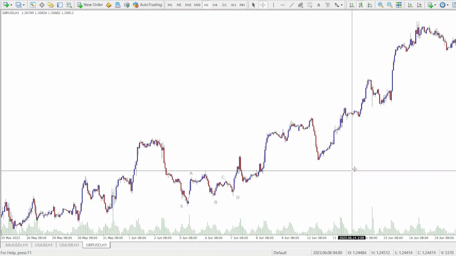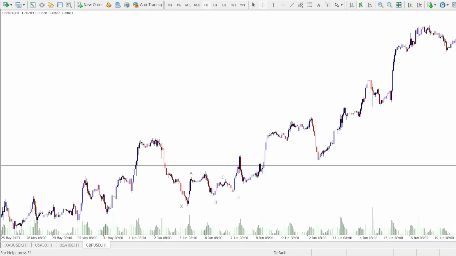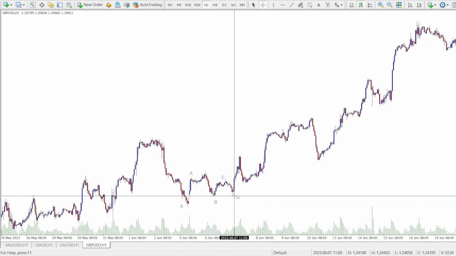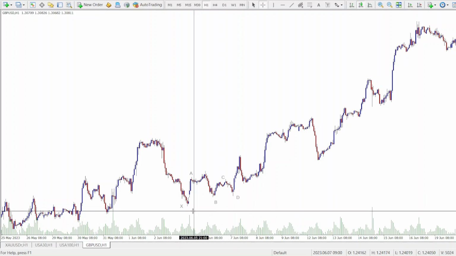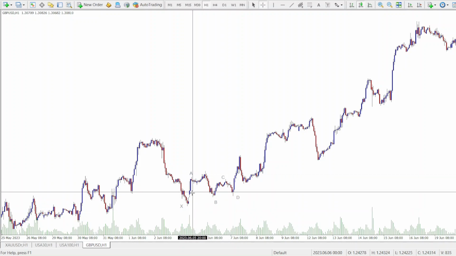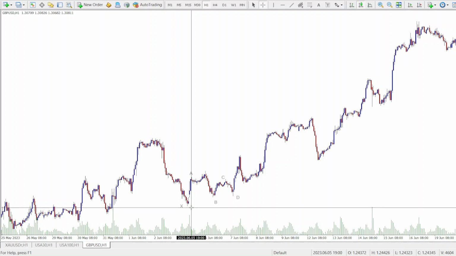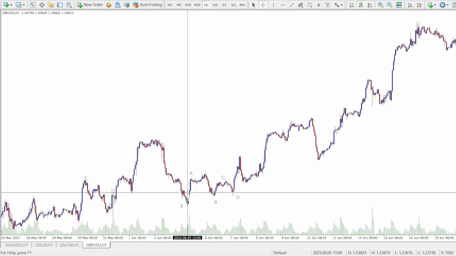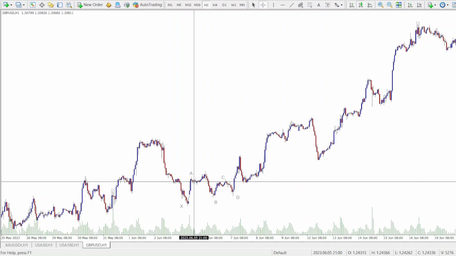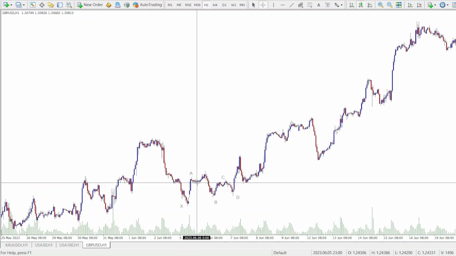So the point D acts as a potential reversal zone. Now, the XA is where the reversal is most likely to occur. The XA leg's 88.6% retracement.